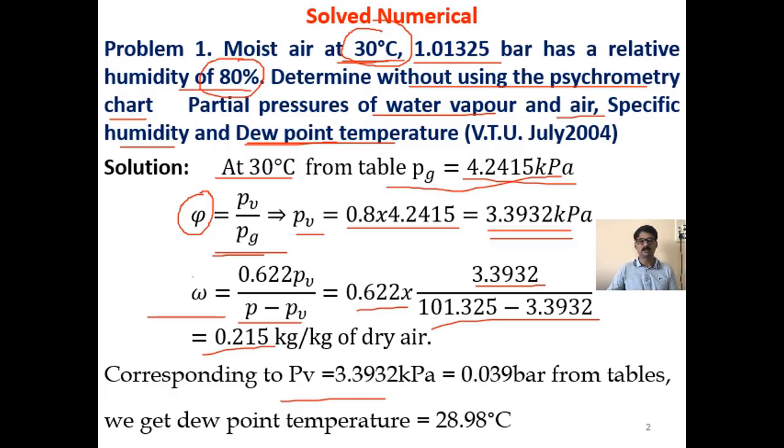So you can take the same thing, 0.040 instead of 0.039, because 0.040 bar is there in the thermodynamic data handbook which I am using, written by B.T. Nijaguna and B.S. Samaga. So corresponding to that pressure, I have 28.98 degrees Celsius. So you can write that answer as 28.98.